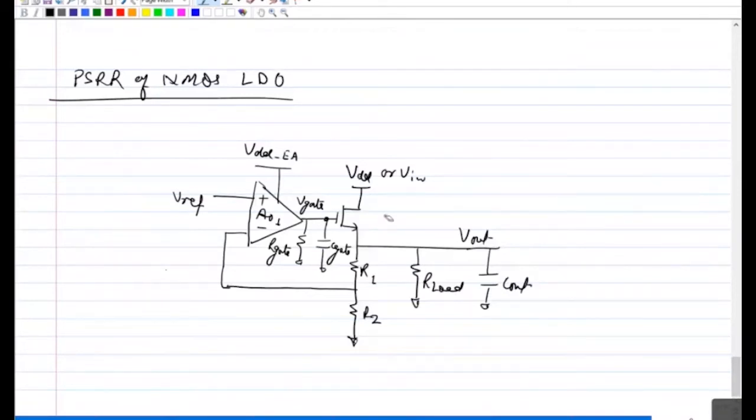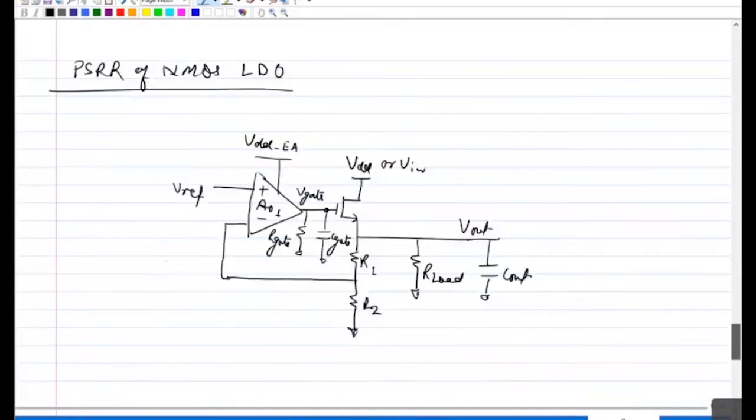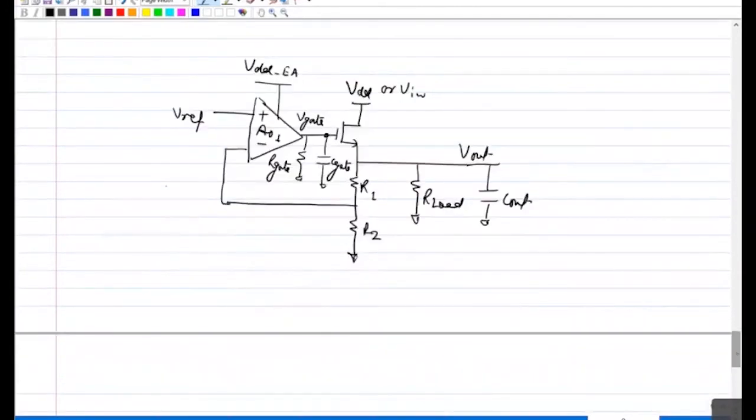Now you are applying your input signal at Vin, the AC input, and you are looking at the output, so Vout by Vin will be your transfer function. No effect. Why no effect? My gain is GM into VGS, and the input voltage is connected to the drain. So what are the different current paths from Vin to Vout?